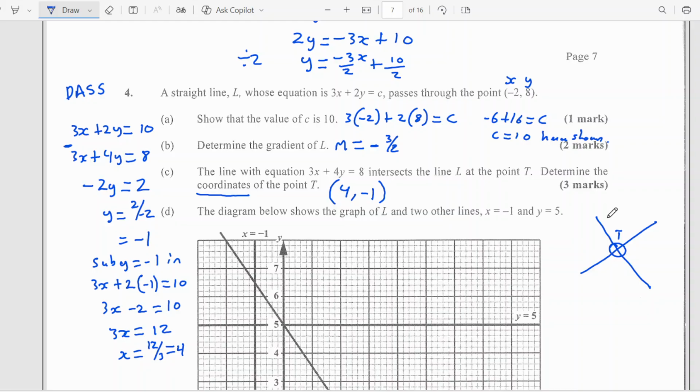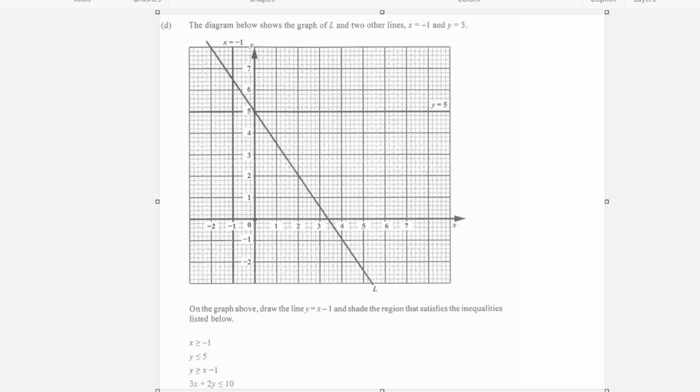Alright, so part D here now. Oh, let me switch this. Alright.